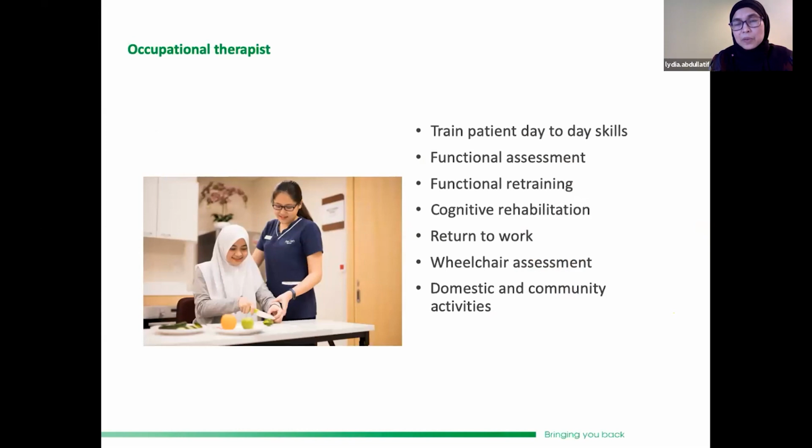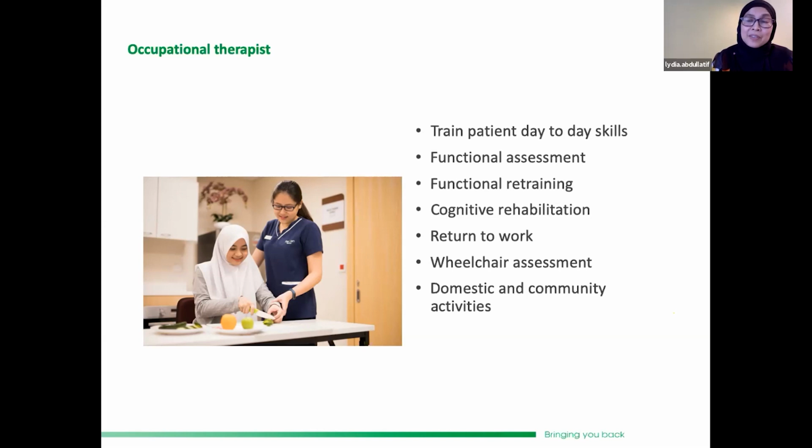The occupational therapist is the one who would train patients on their day-to-day skills. They do an in-depth functional assessment, functional retraining, and are also involved in cognitive rehabilitation.